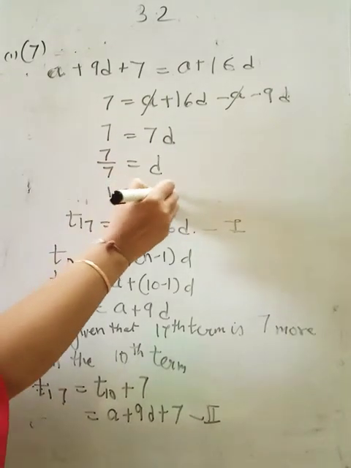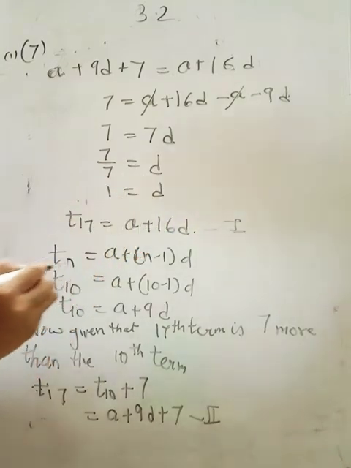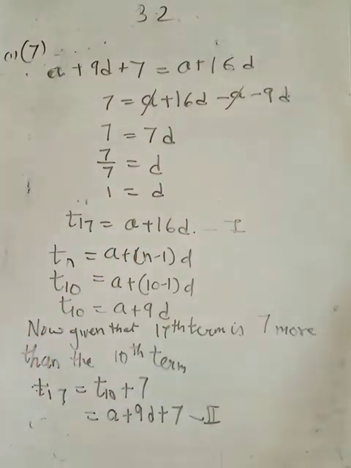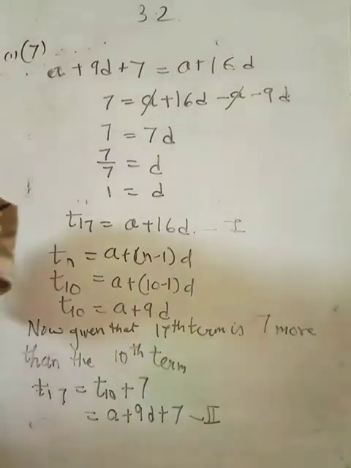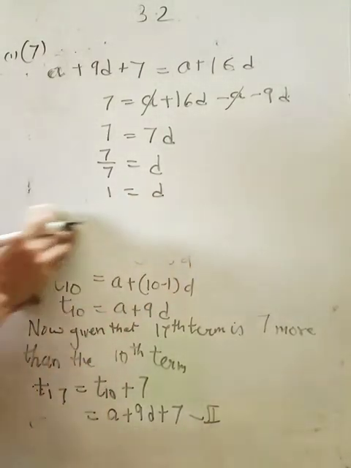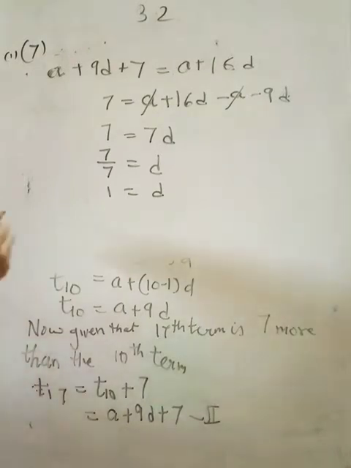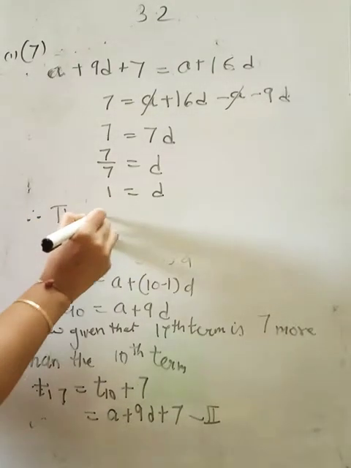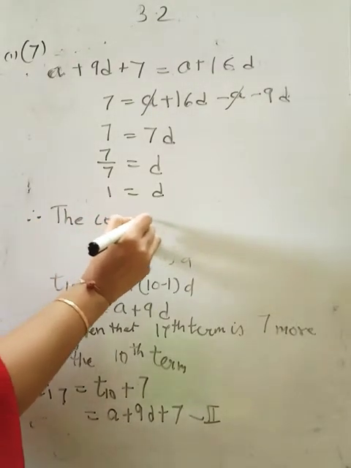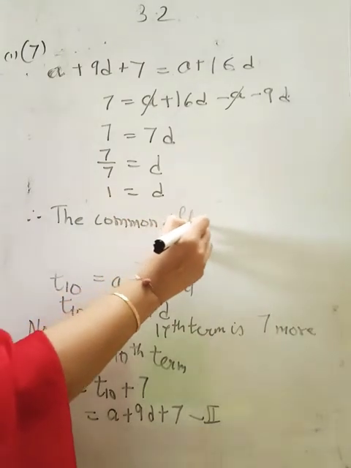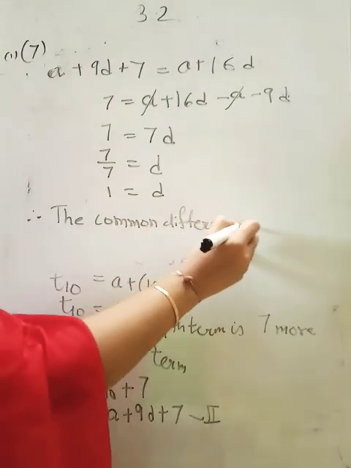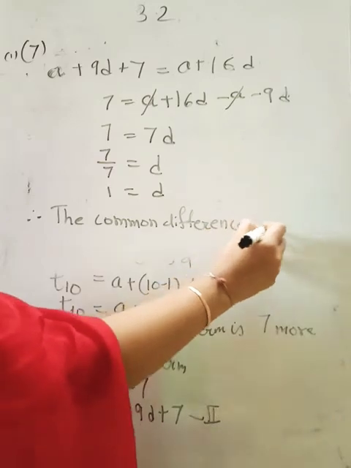So 1 is equal to d. So that means common difference is 1. Therefore, the common difference is 1.